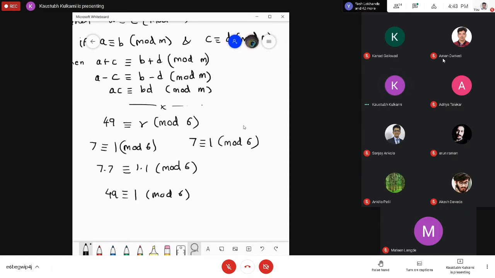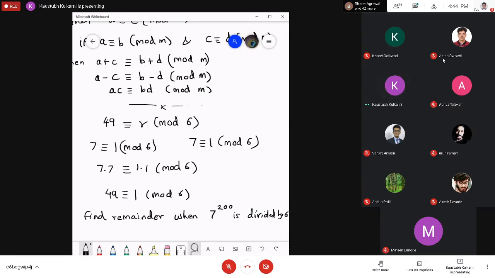Now this is the simple case, but let's say you are given some large number. Let's say you want to find the remainder when 7 raised to 200 is divided by 6. So even in that case, you can repeatedly apply these rules, okay, and you can find the remainder.